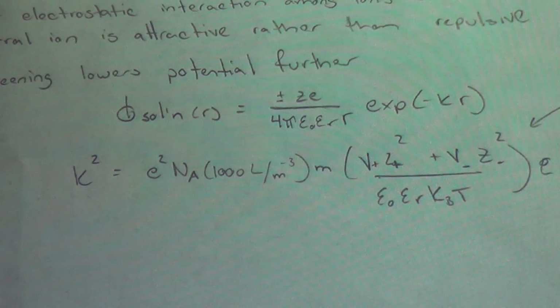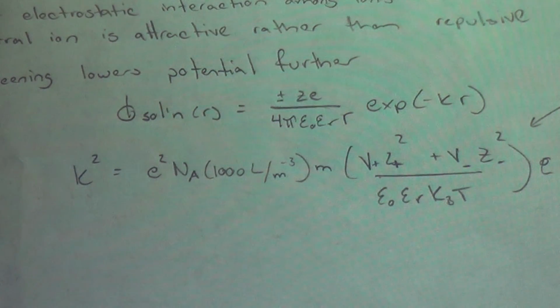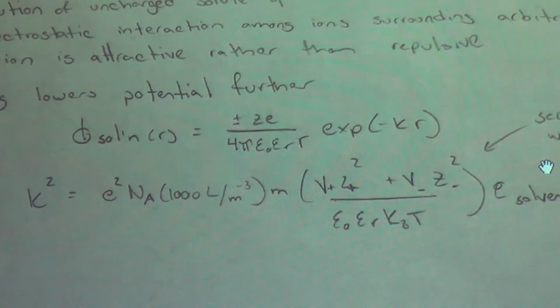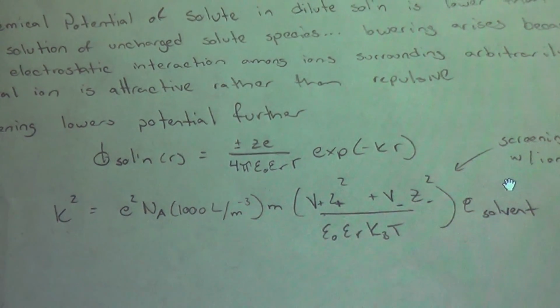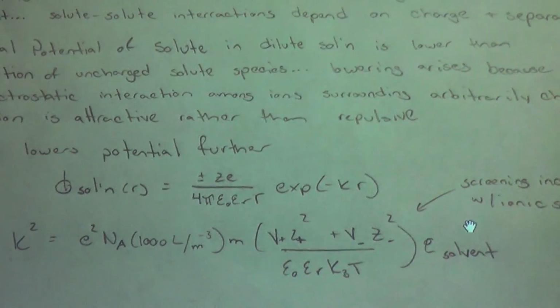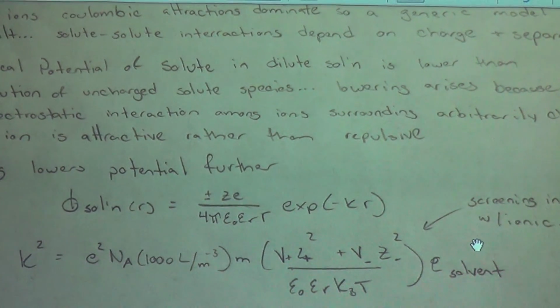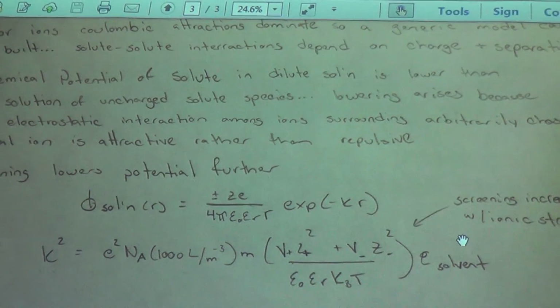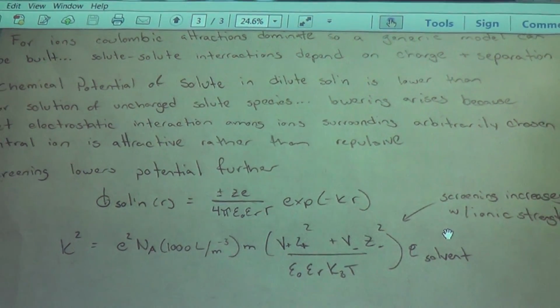Something that's not vacuum, a solution, requires less energy because the dielectric constant of the media is larger, the permittivity is lower of the media. That model that we looked at just assumed that the solution had some uniform dielectric constant that didn't change with concentration. And that's not necessarily the case.